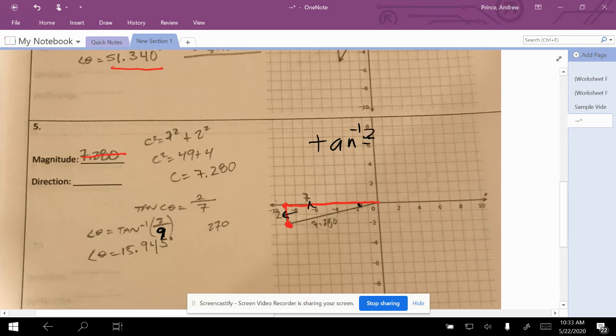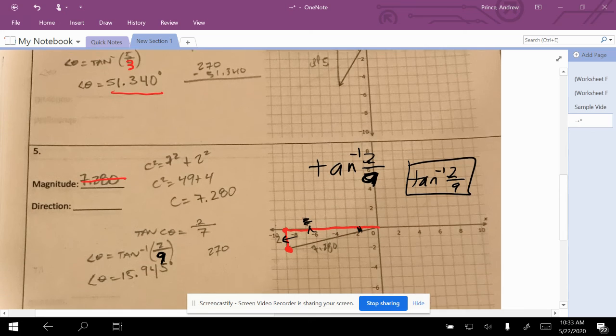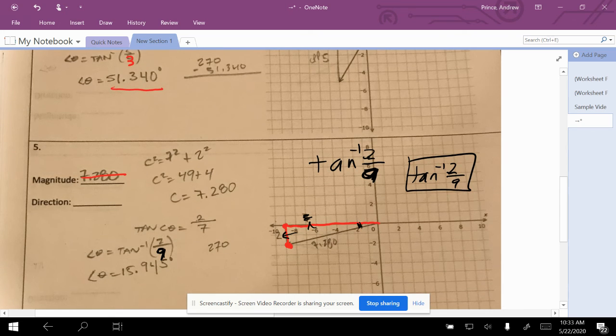So the inverse tangent of 2 over 9, because you had the wrong answer here. So tangent of 2 over 9, that should give you this angle. And then just like the one above, probably the best thing to do once you have that angle doing this triangle is find what that is plus 180.